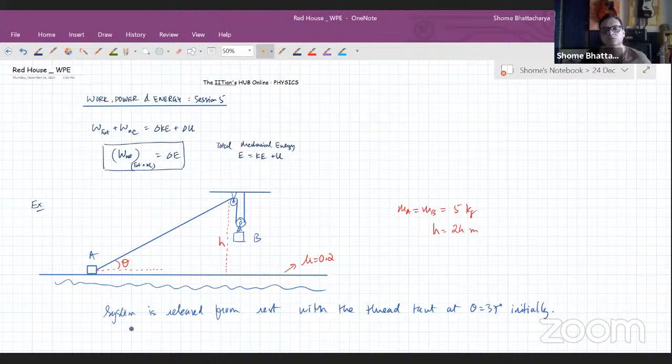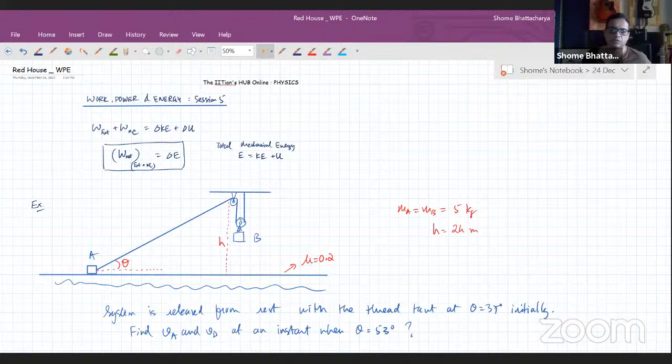Find VA and VB, the speeds of the two blocks, at the instant when theta is equal to 53 degrees. So just take down the diagram and start working on it. I'll explain what all we have to do over here.